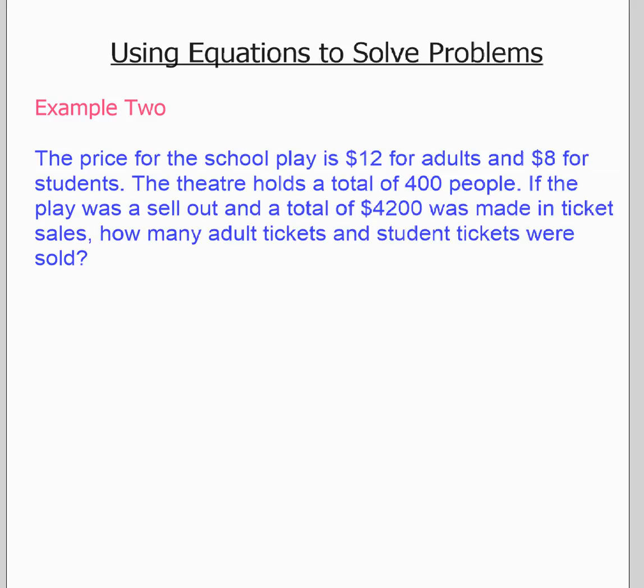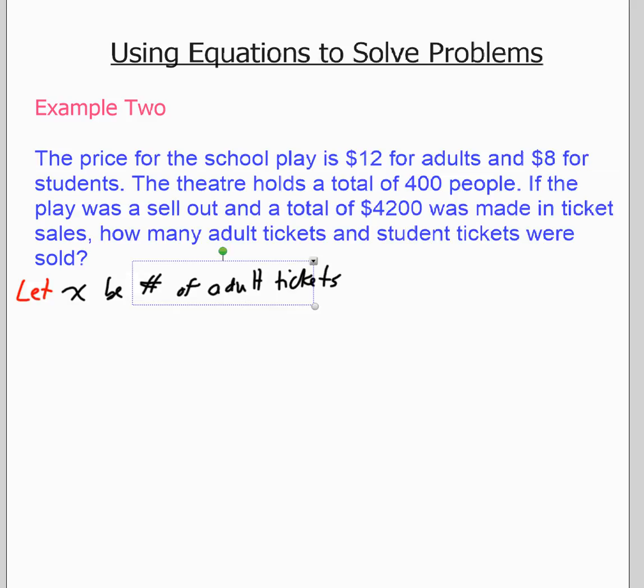And so you choose what you think would be best. So in this case, I'll let X be adults, but you could have also let X be students. So we'll say let X be the number of adult tickets.